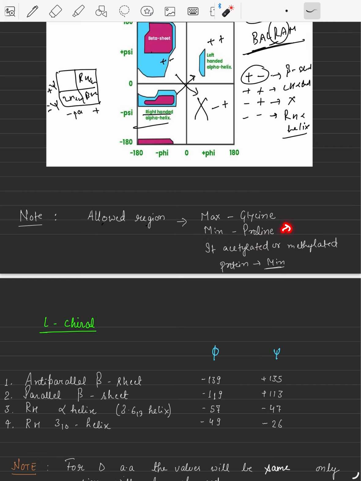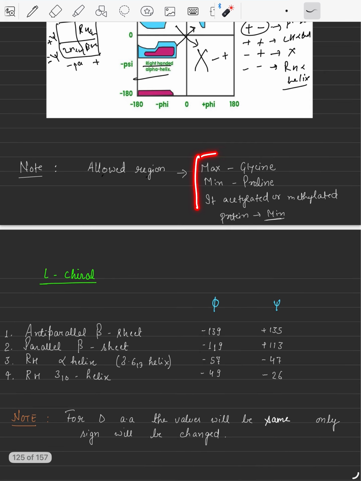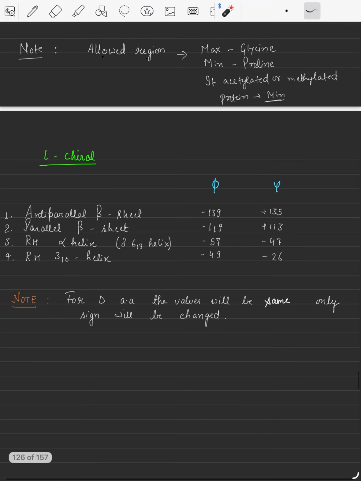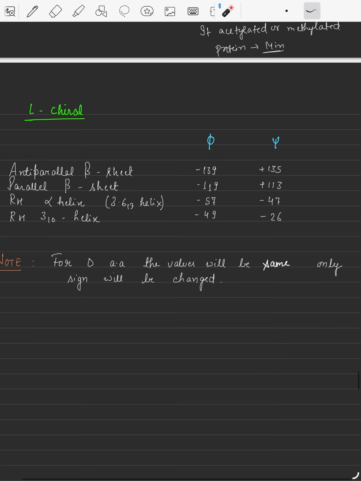The reason is there is no free amino group. And if a certain protein is acetylated or methylated, the allowed region is minimal. So these are the points you can remember. Sometimes it has been seen that in CSIR NET they ask in a statement which has the maximum allowed region and which has the minimum. If you note it down, you will surely be able to solve such questions.